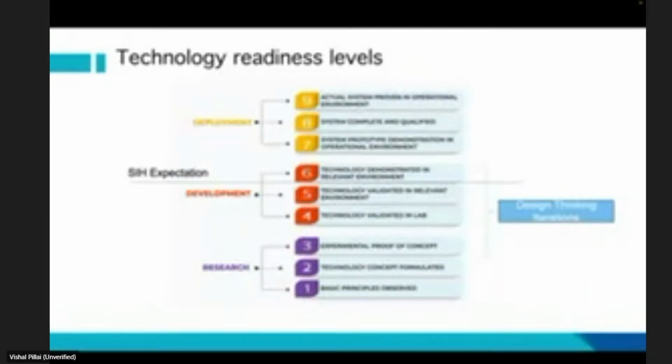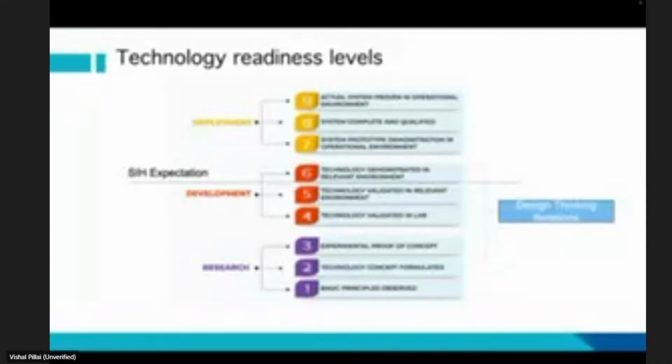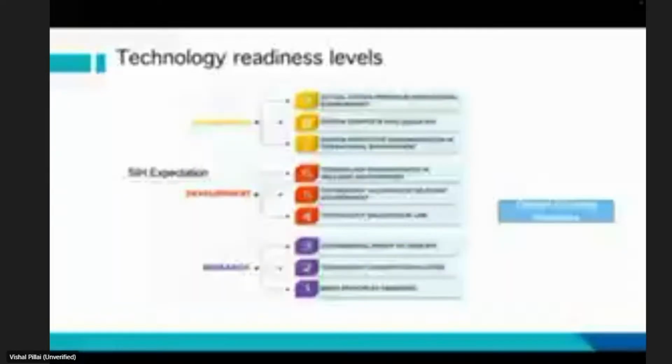This is the research stage, and most probably in the second, development stage, you have some technology validated in a lab. To be very precise, this is the development stage, and it is just a lab prototype. It is not something directly deployed in the field.